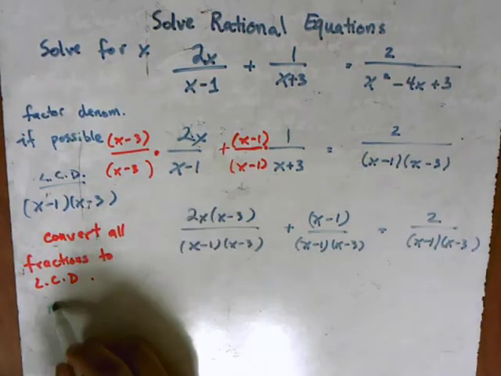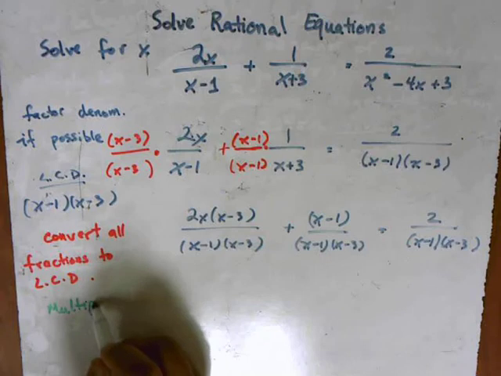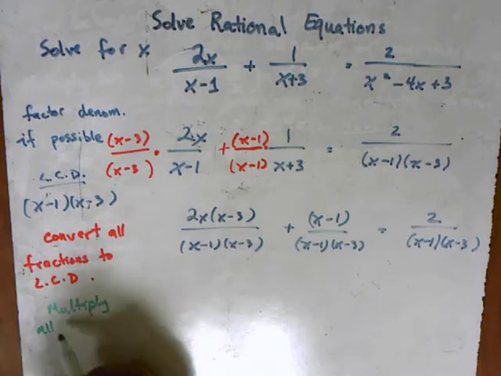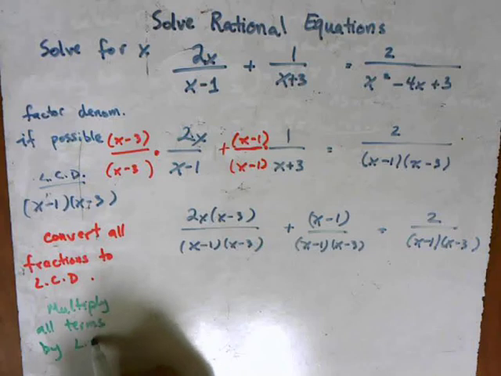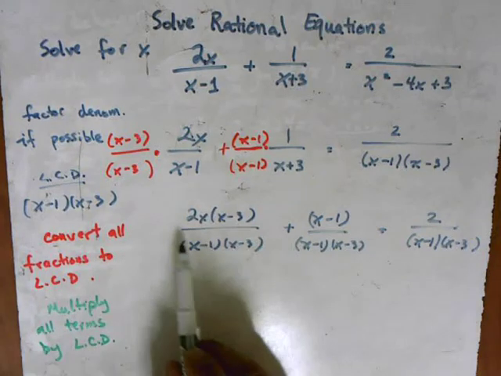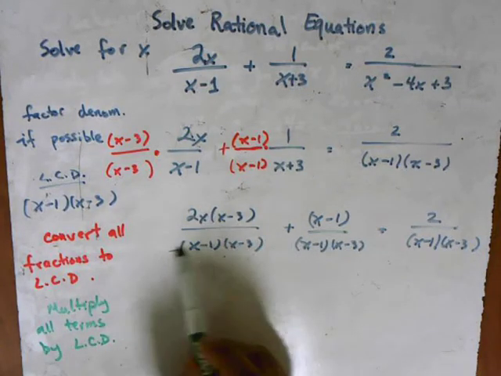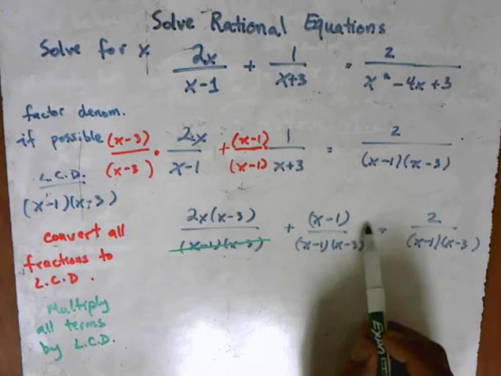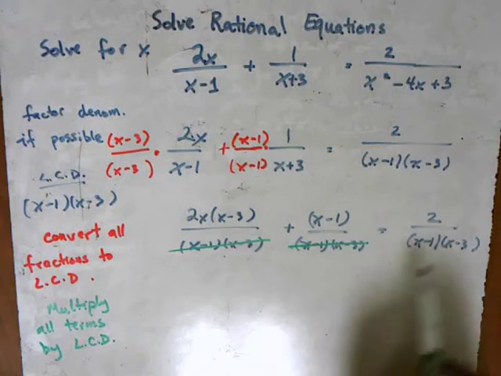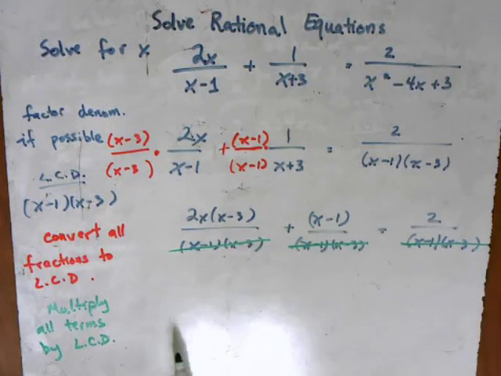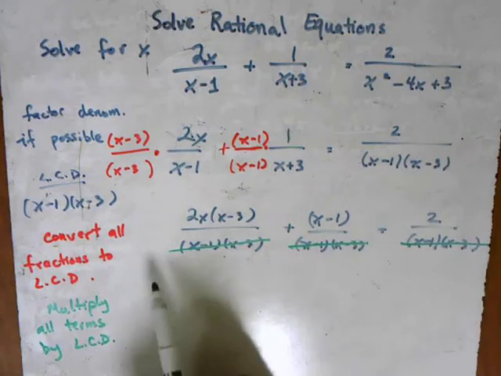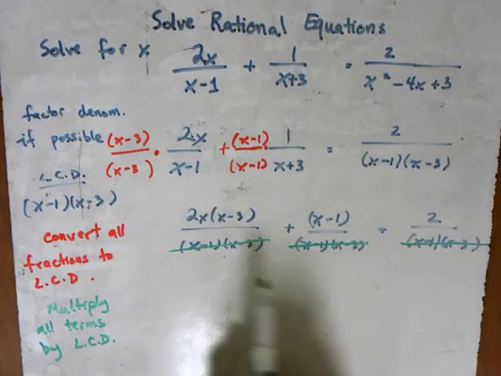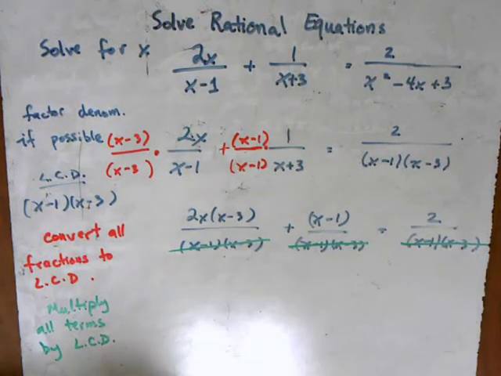So we can multiply all terms by the LCD. If I multiply this term here by the LCD, this is going to go away, and this is going to go away, and this is going to go away. In other words, if all of the denominators are the same, then we can just clear them out because we're really multiplying everything by the lowest common denominator.